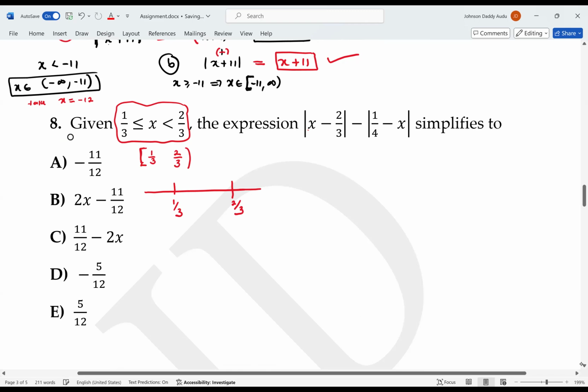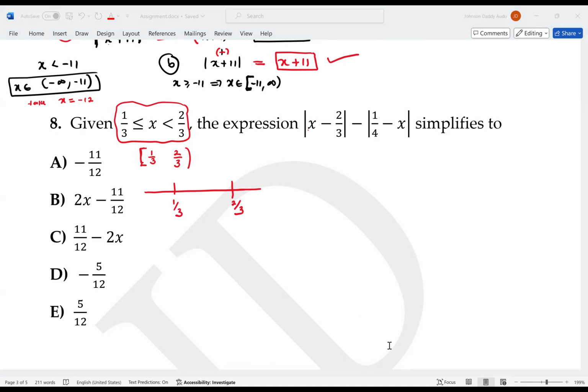So you need a number that is between 1 over 3 and 2 over 3. Yes? So which number can we take that is between?